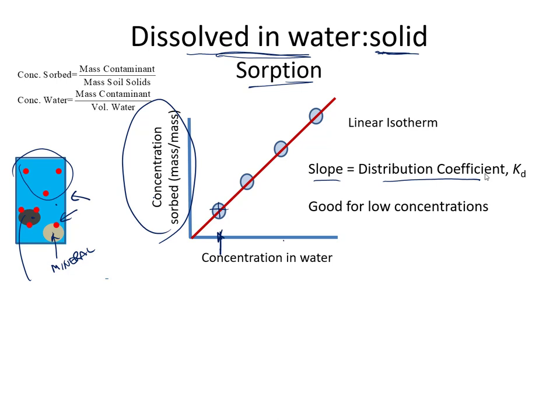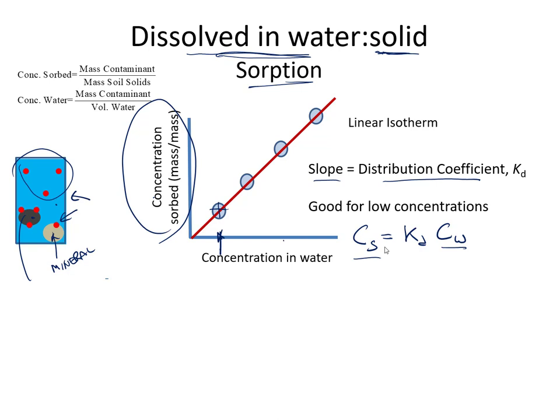And basically then this is saying that the contaminant on the solids equals the distribution coefficient times the concentration in the water. Okay, so this gives us a way to relate concentration in the water to concentrations on the solids.